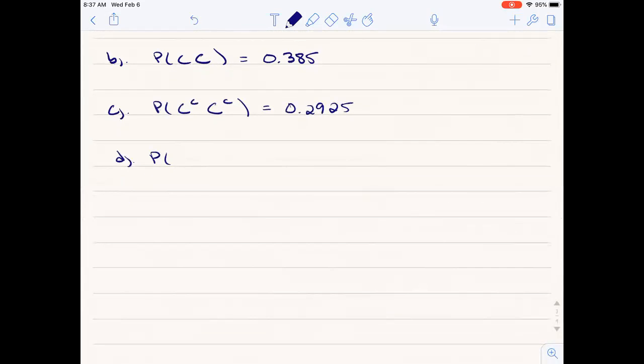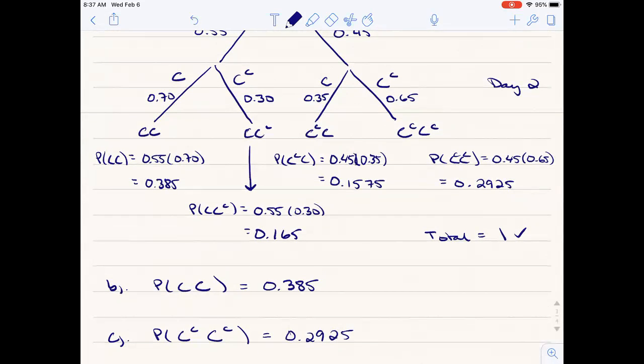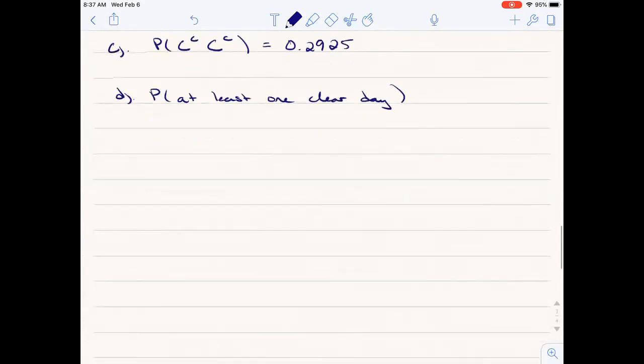D, the probability of at least 1 clear day. Now we have those multiple scenarios, right? CC, that's 2 clear days, so that satisfies. C, not C is still 1 clear day, and not C, C is still 1 clear day, and so all those satisfy.